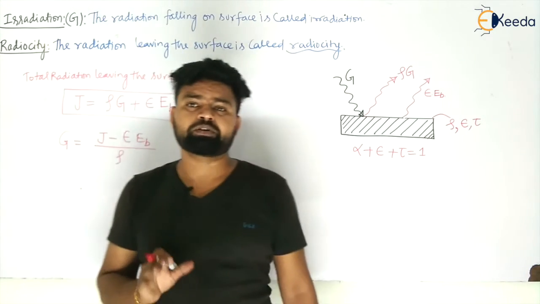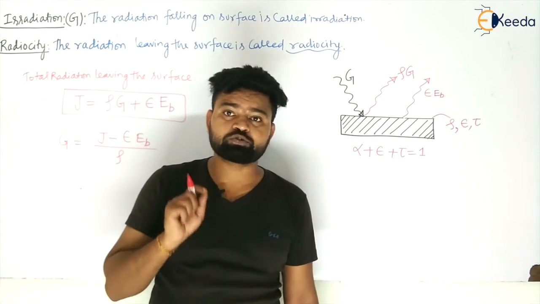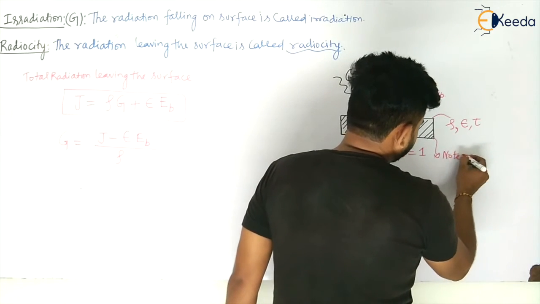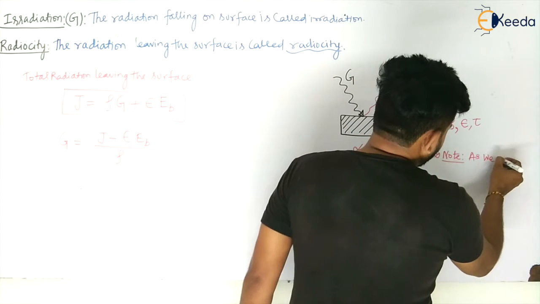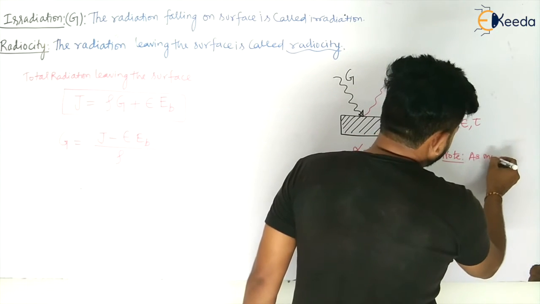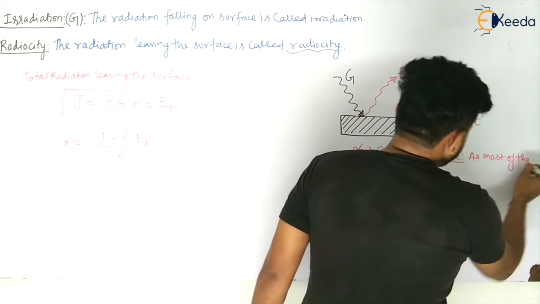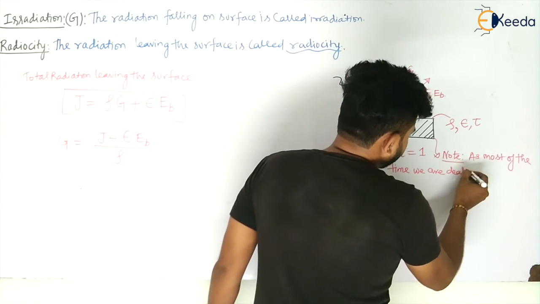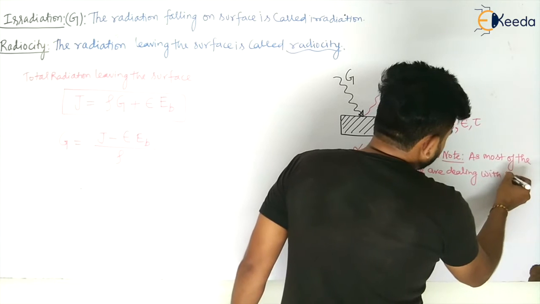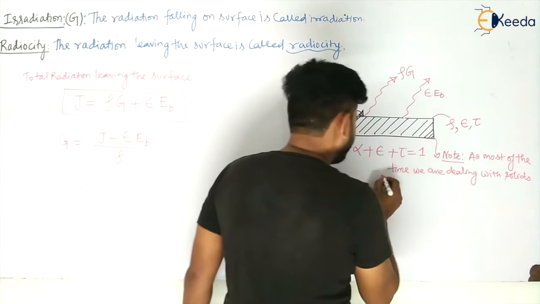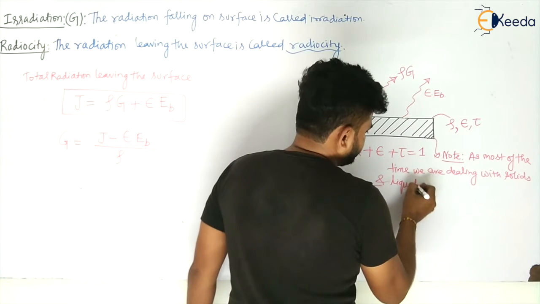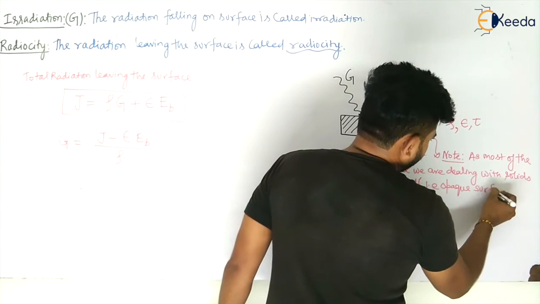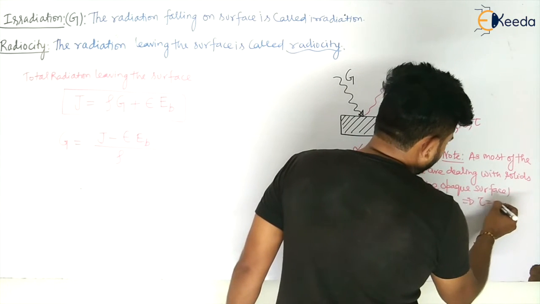Most of the time we will be dealing with opaque surfaces, that is solids and liquids, which implies tau will be equal to 0.